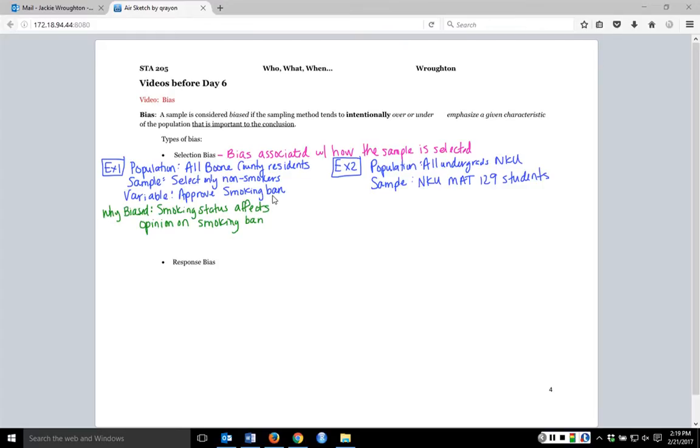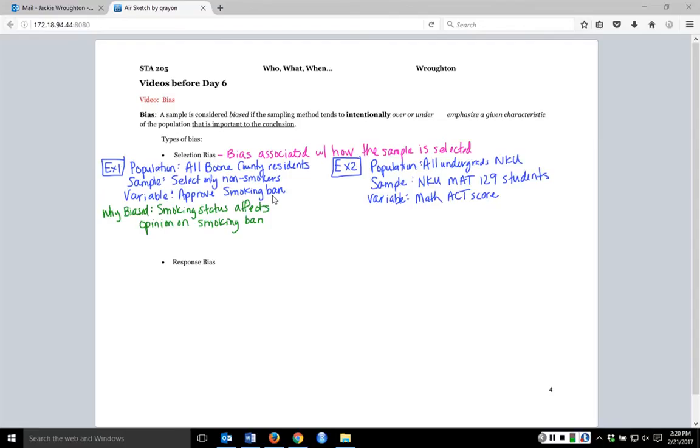Alright, so do you feel like Math 129 students could represent all undergraduate students at NKU? Again, it matters what I'm measuring. So what variable am I actually recording about these people? If I'm interested in their math ACT score, do you think Math 129 Calc 1 students could represent all undergraduates at NKU? Okay, probably not.